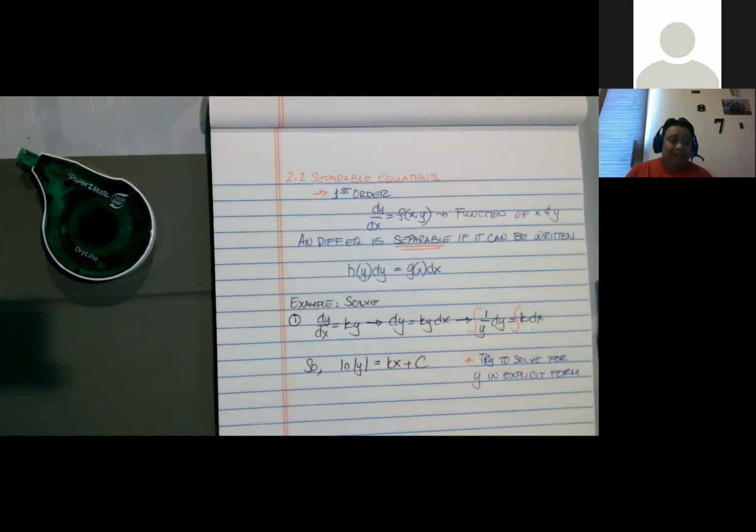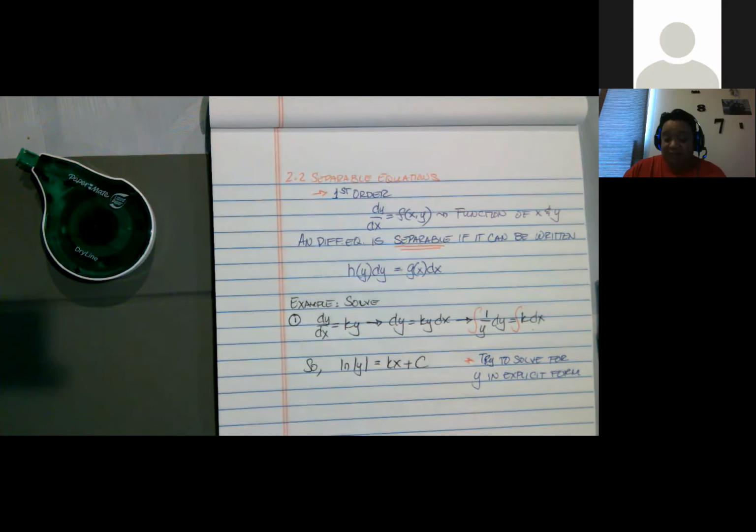So what do I mean by that? I want the y to be by itself on one side, and then you just have a function of x on the other. You can do that for a lot of these differential equations, at least for a lot of your solutions. And so you try to solve for y in this case.